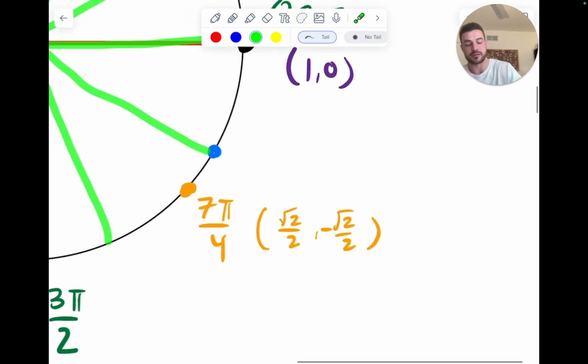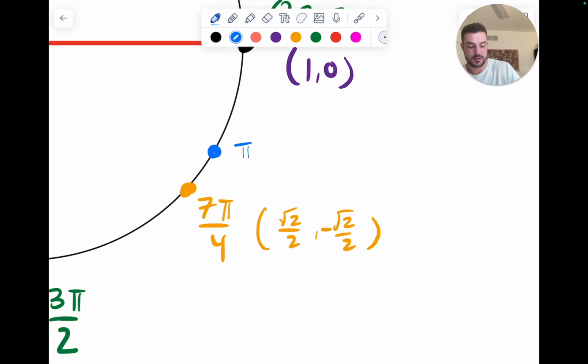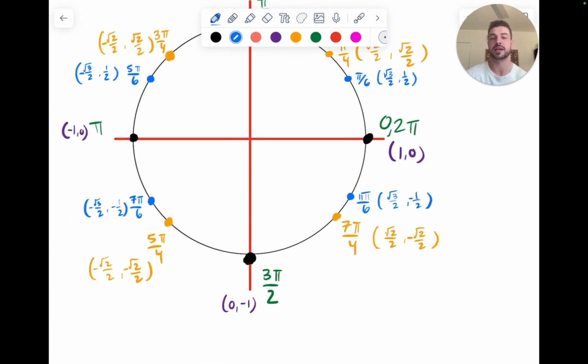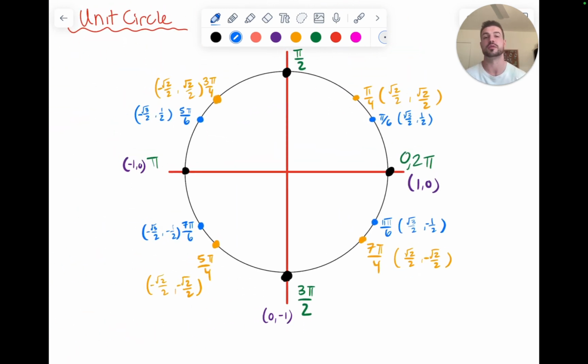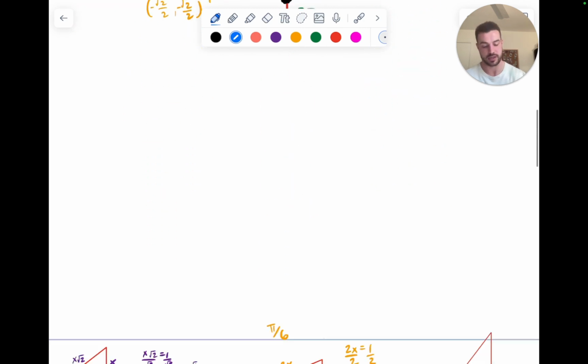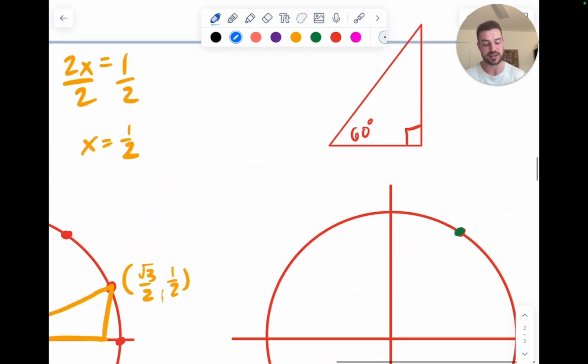This will be 11 pi over 6 radians. And again, same coordinates, except we are now in quadrant 4, so only our y value will be negative. So we're starting to fill in this circle a bit. We've actually got one more that we're going to take a look at, and that is going to be a 60-degree triangle.